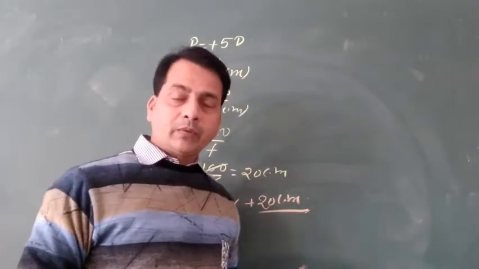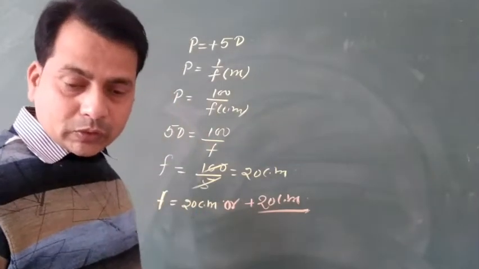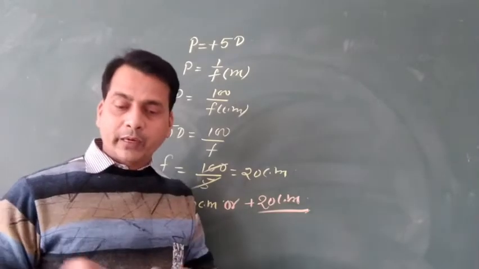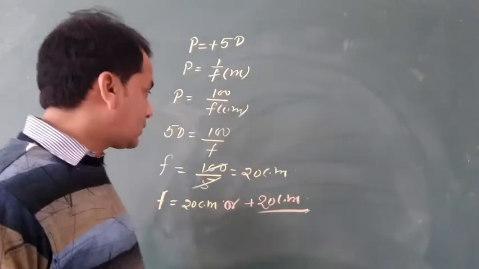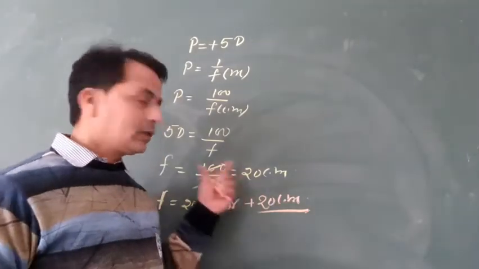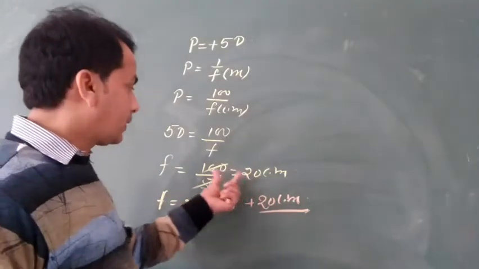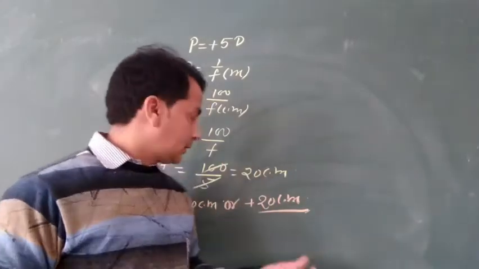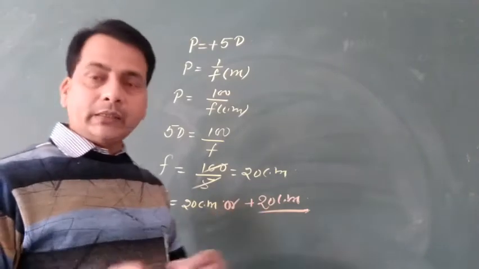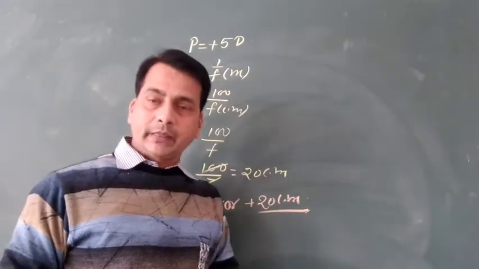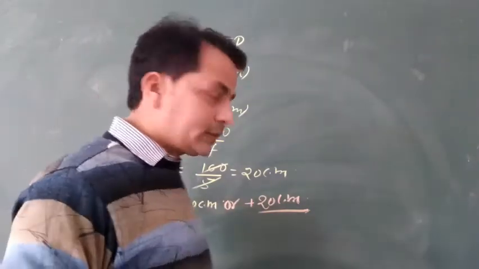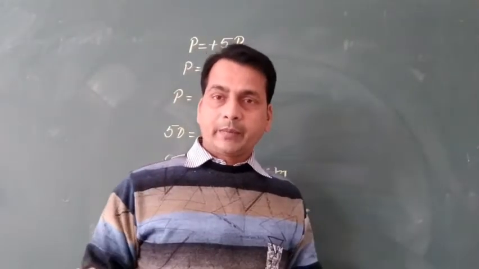The positive sign, what is the nature? According to this question, what is the nature and focal length of this lens? The focal length of this lens is 20 centimeter. And what is the nature of this lens, meaning is the lens converging or diverging, convex lens or concave lens?